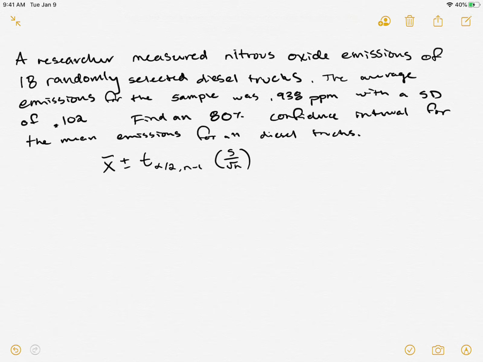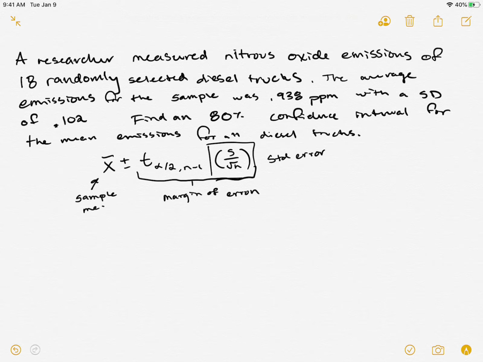If we look at this, everything after our plus or minus is called the margin of error, and the standard deviation over the square root of n we refer to as the standard error. Those are the chunks that make up the confidence interval. And this is obviously our sample mean.